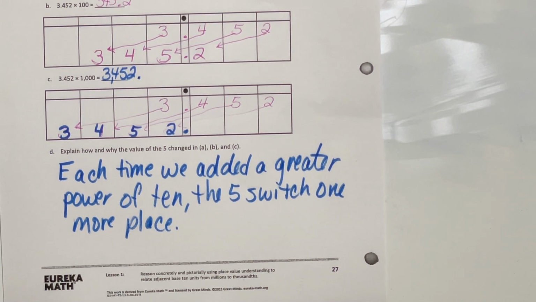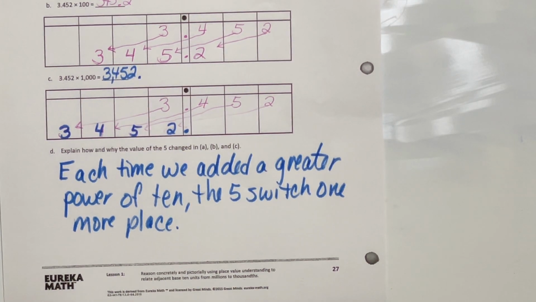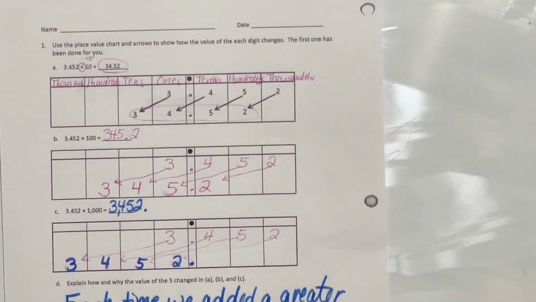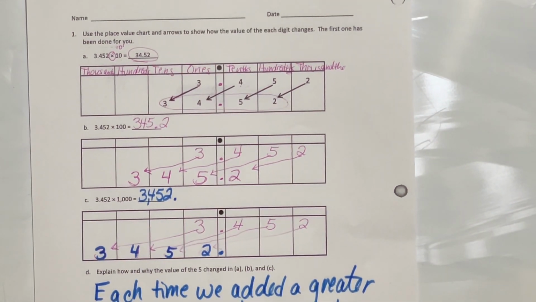I know I tend to go fast when I'm on these videos. So this time we're going to be looking at dividing by powers of 10. Now, if multiplication and division are truly opposites of one another, then that should give you a clue of what we're going to do when we divide by a power of 10.